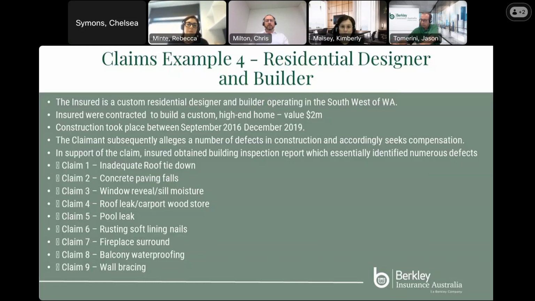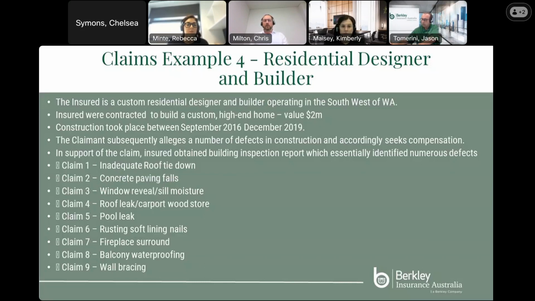In consideration of these noted policy sections, it was determined that claim 1 amounted to a breach of a design obligation and indemnity was granted. Claims 2 through 8 were marked by issues of defective workmanship or defective materials and therefore fell outside of the policy coverage.